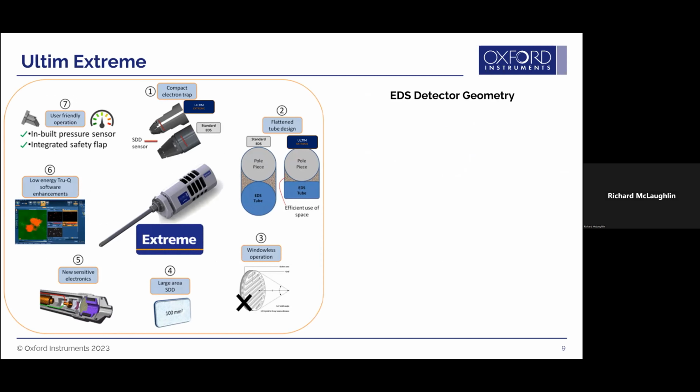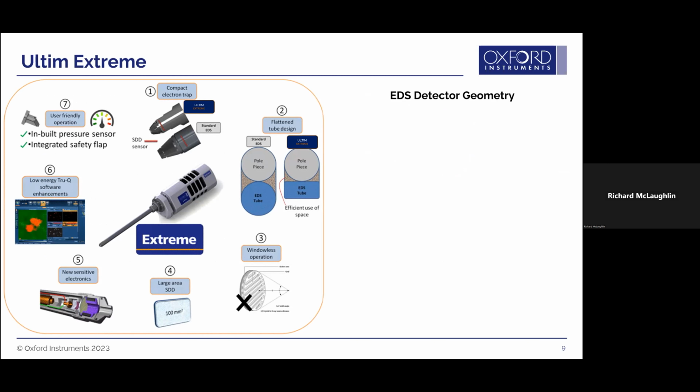So just the breakdown of what makes it different. The electron trap is smaller. So it makes it so we can push the sensor up closer towards the sample. So this orange line here at the top under number 1, for the Extreme detector, the sensor is much closer in the probe, closer to the sample. 2, we've redesigned the sensors from round to what we call racetrack.